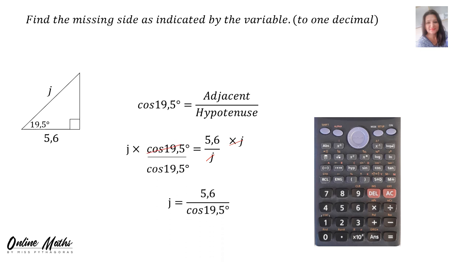So on the left hand side, cos 19,5 will cancel, and I'm left with j is equal to 5,6 divided by cos 19,5. And the steps are: you enter 5,6, divide, there's your cos button, cos 19,5 equals, and the answer j is 5,9.